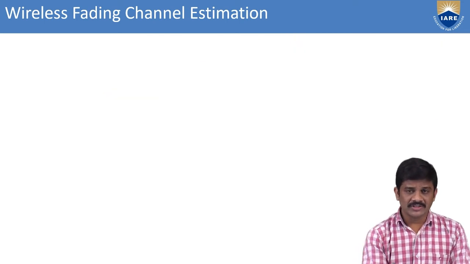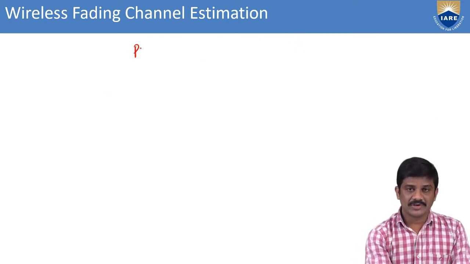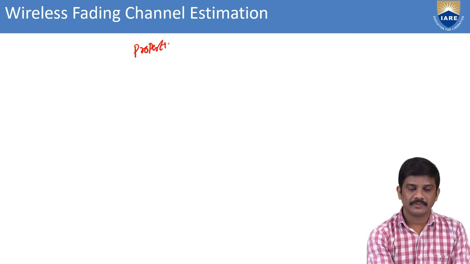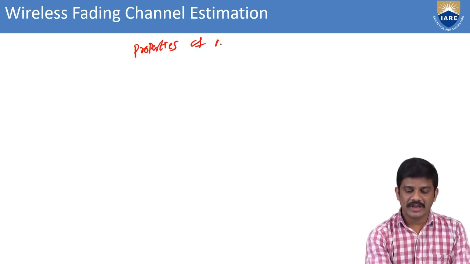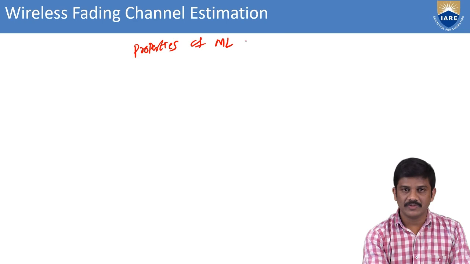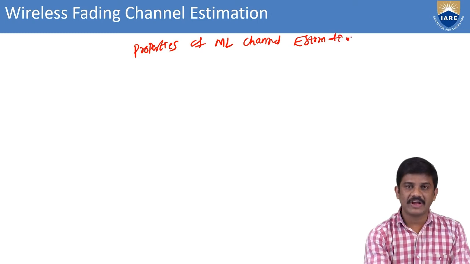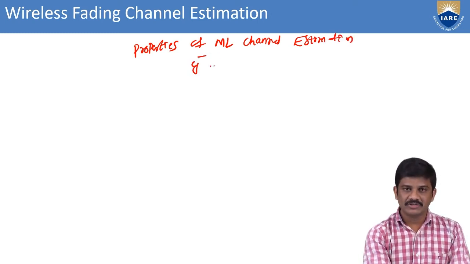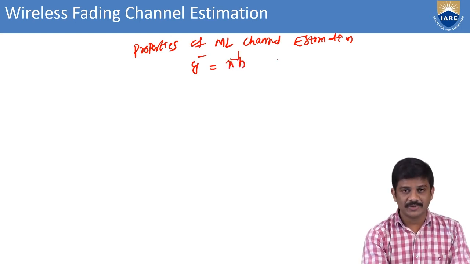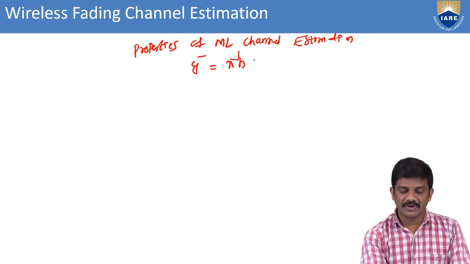We can now take some properties of the maximum likelihood channel estimation. For that I recall the y bar vector, the observation vector, y bar equals x bar h, the pilot symbols vector and the estimation, plus v bar.